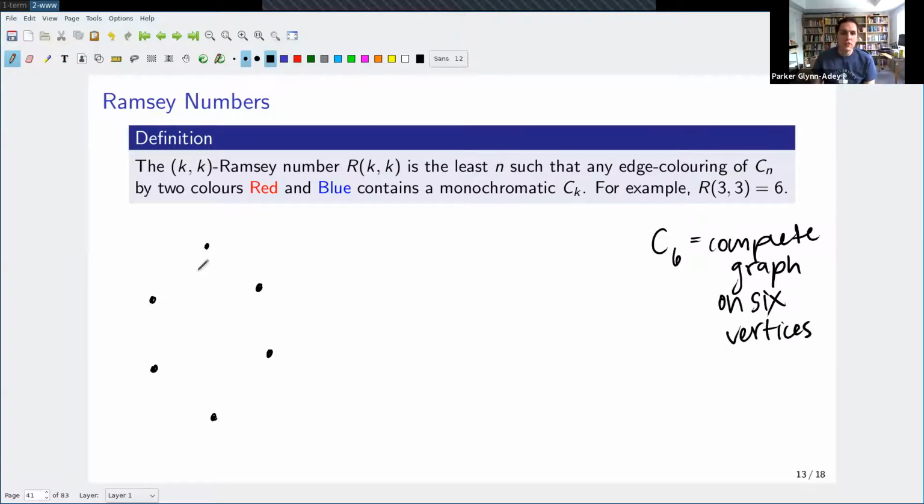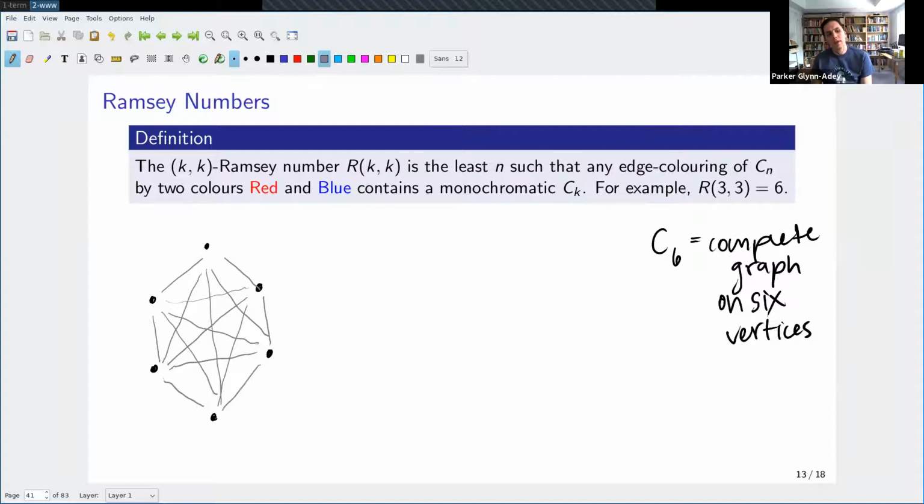Okay, so the complete graph on 6 vertices has all possible edges. So I'm going to draw those in over here. Right, so it's got all the possible edges between all the vertices. Okay, that's the complete graph. And what Ramsey's number says is we're going to color the edges of this thing by 2 colors.